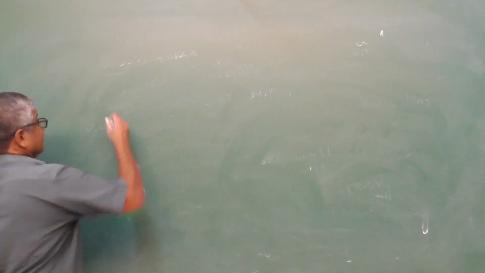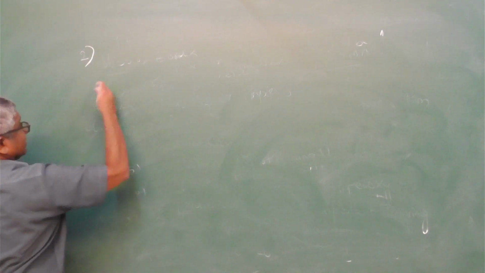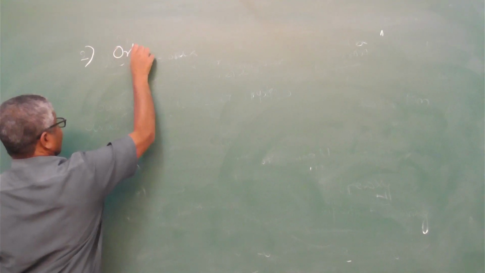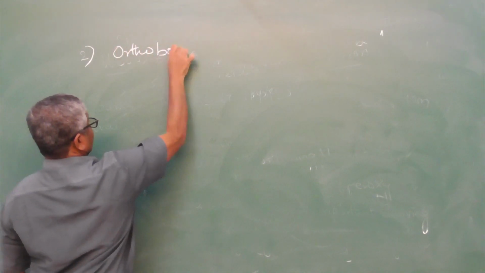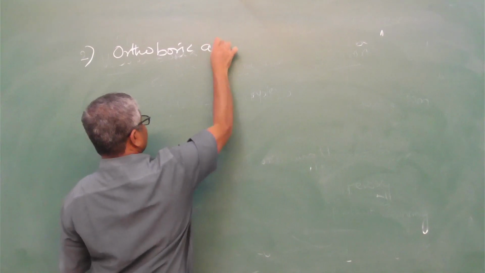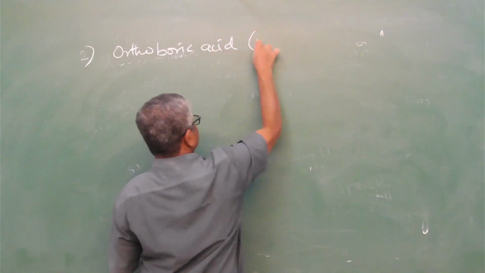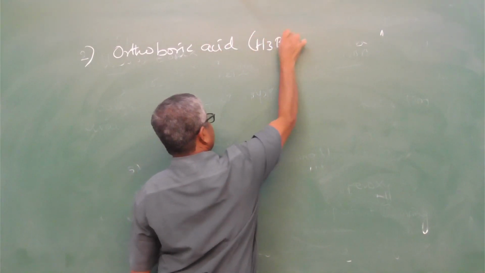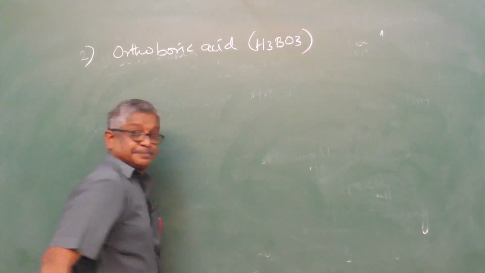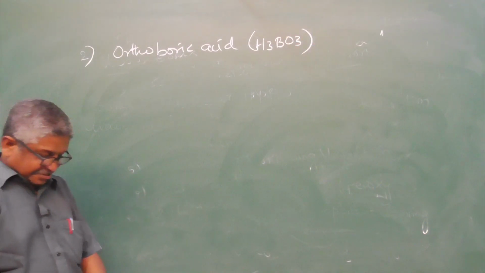The second important compound of boron is orthoboric acid, H3BO3.